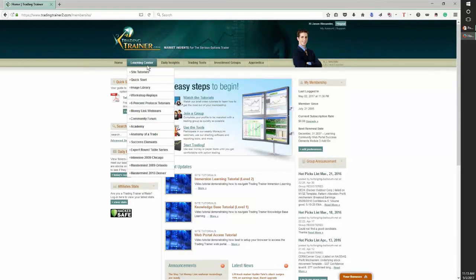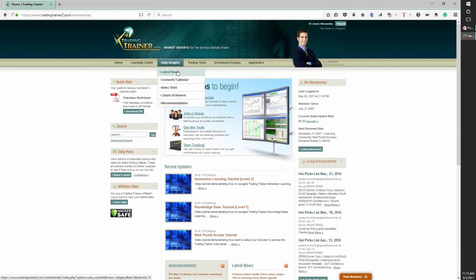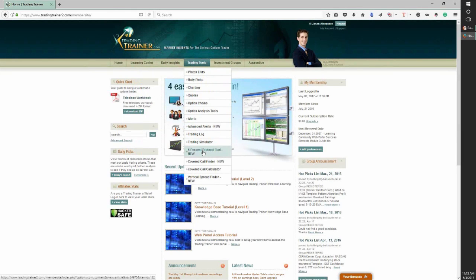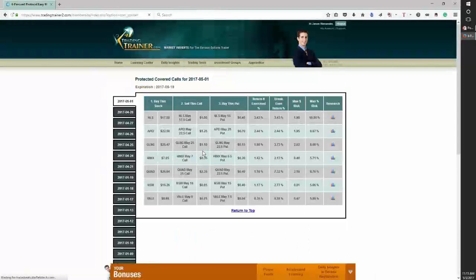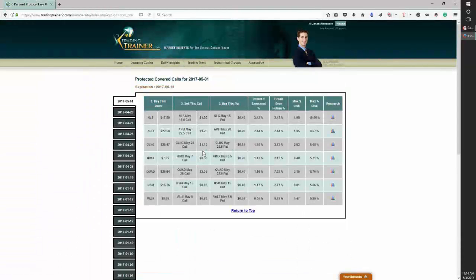One of the things I want to point out, if I go to the 6% protocol trading tool, we have a screener that goes through all 7,000-plus qualifying securities traded on the New York Stock Exchange and NASDAQ.